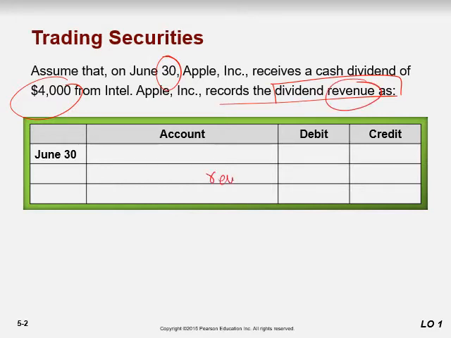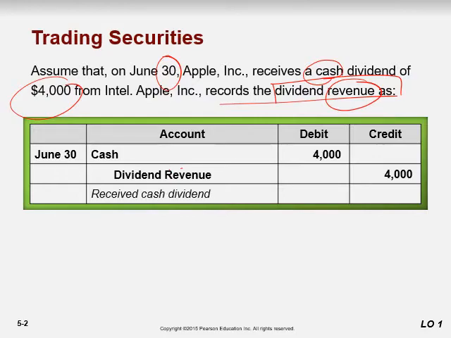So revenue, and which kind of revenue we classify as dividend revenue. You receive cash, right? Then cash increase, debit, 4,000 to 4,000. Let me just remove it and see the entry here. Here it is, right? Cash to dividend revenue, right?